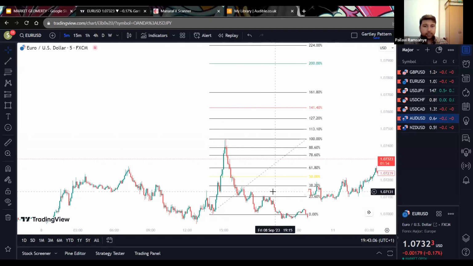If you look at this retracement here, it's fallen almost back to the beginning, but you have a reaction point here at 23.6%, and there's a weak continuation, right? And it just drops off.